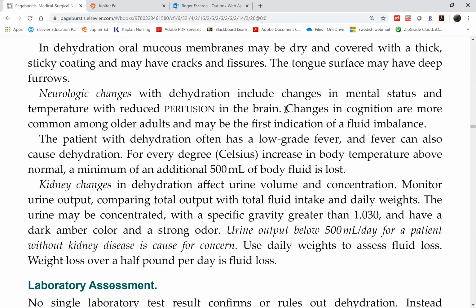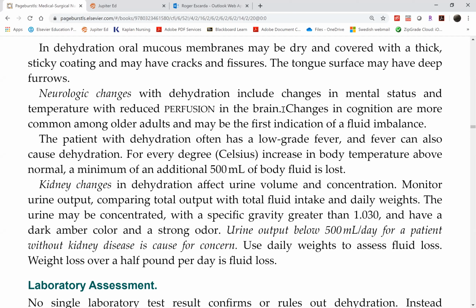Neurologic changes here, both will have some form of changes, okay, whether you're dehydrated or you're in fluid overload. However, in fluid overload, you tend to have cerebral edema, so you may have seizures or brain irritability in the case of fluid overload.